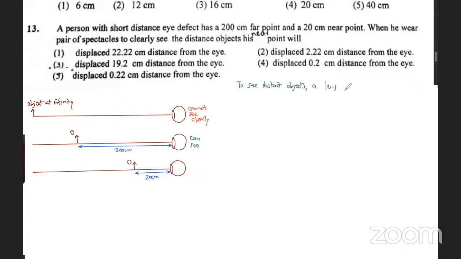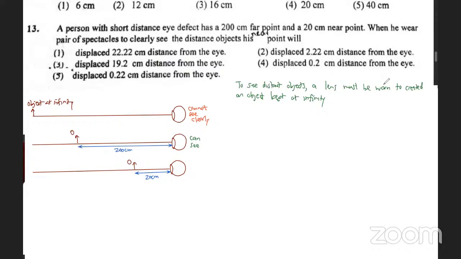To see distant objects, he can't directly see the distant object. So when he wears a lens, what that lens should do is create an image of this object at infinity at his far point.